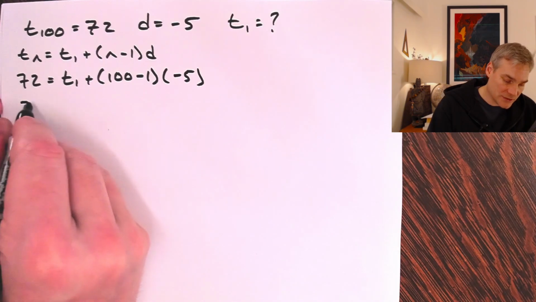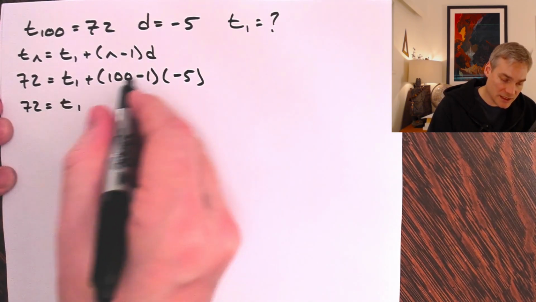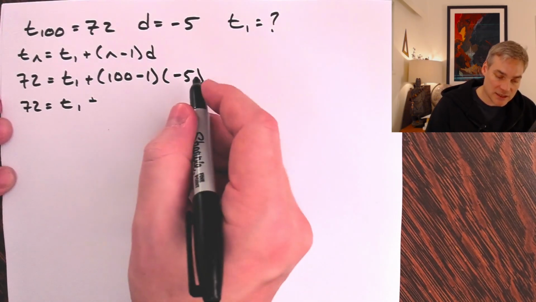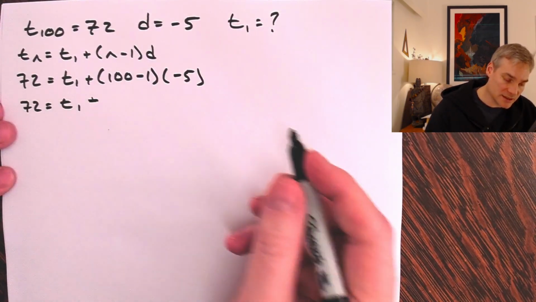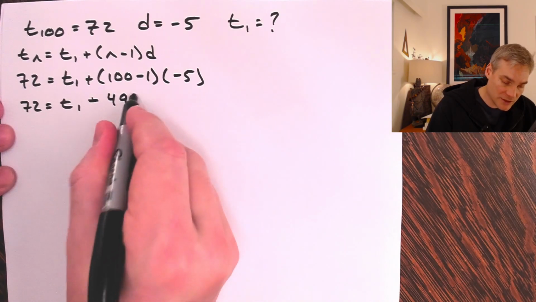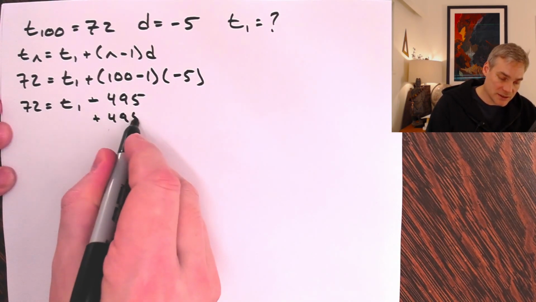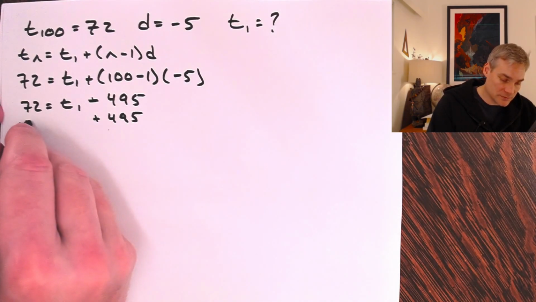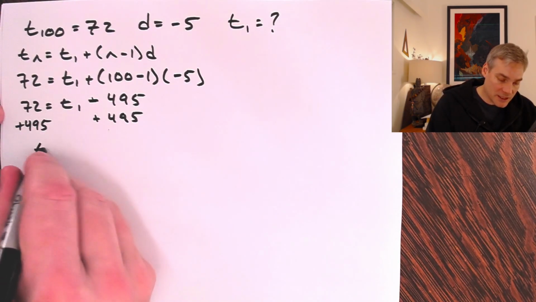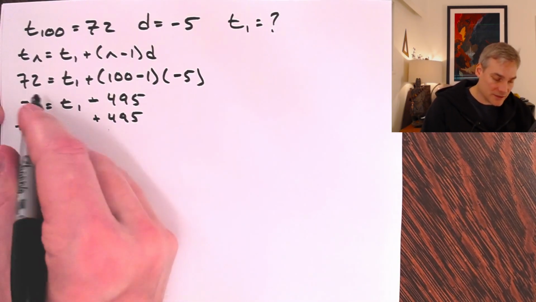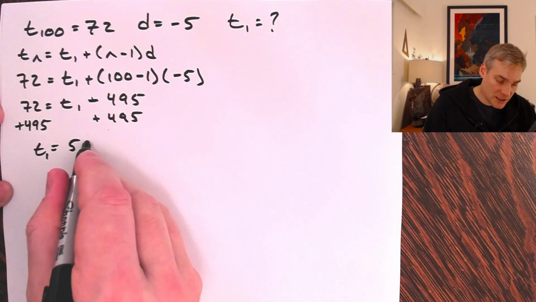So that's 72 equals T1, and that's 99. And 99 times negative 5 is minus 495. So I add 495 to each side, and I find that T1 equals 5, 6, 7.